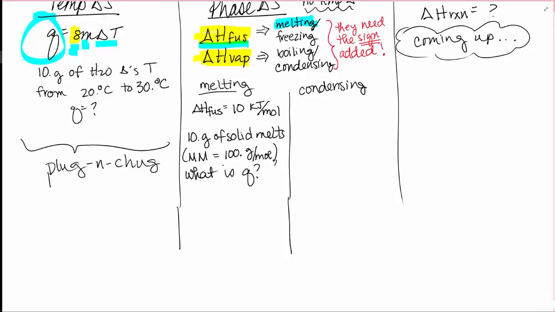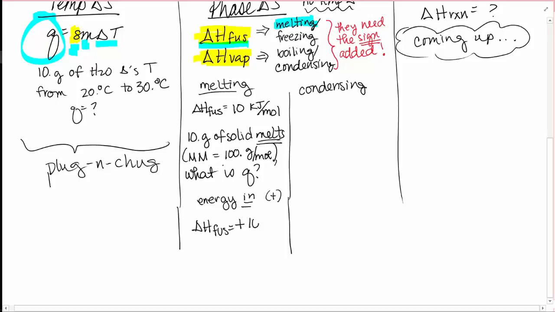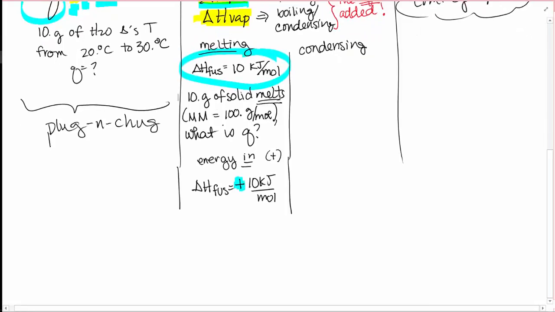So what we need to think about is, if something is melting, is heat going into it, or is heat going out of it? Well, to melt something, you have to put energy in, and energy in is positive. That means the heat of fusion that we are going to use is positive 10 kilojoules per mole. I simply added the sign; it had none attached to it.